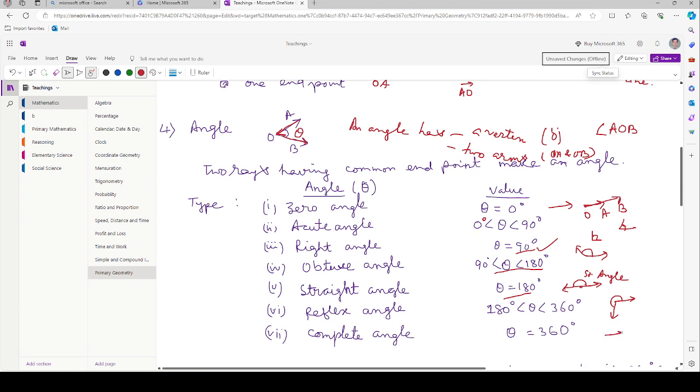If two rays have a common point O, one ray is OA, another ray is OB. If the OB ray rotates like that and completes 360 degree, then this angle is known as a complete angle. The value of a complete angle is 360 degree.